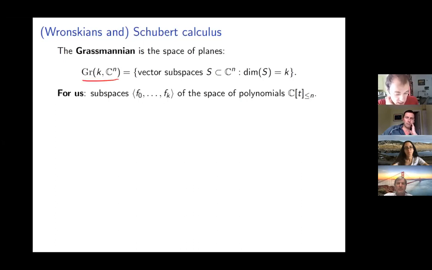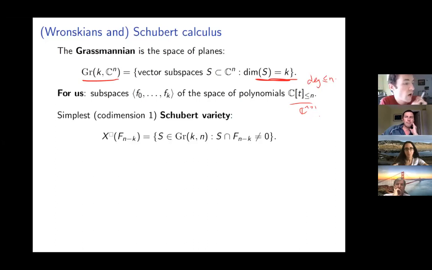So here Gr(k,n) means the set of all vector subspaces of C^n with a fixed dimension. And so this is an algebraic variety. People look at Grassmannians in every vector space you can think of. For us, we're going to be thinking about the space of polynomials of degree at most n. So this is C^(n+1). And we'll be looking at subspaces of the vector space of polynomials. So that's going to be our Grassmannian.